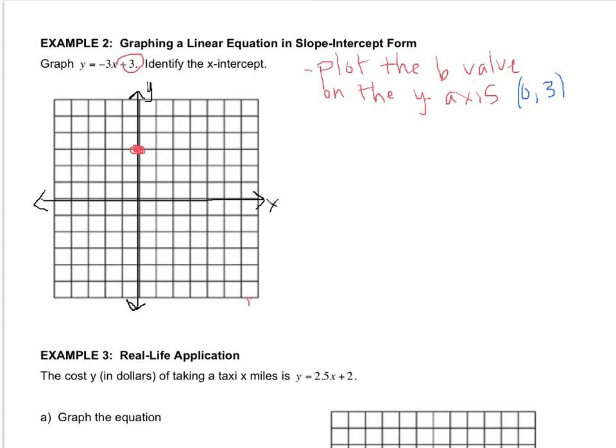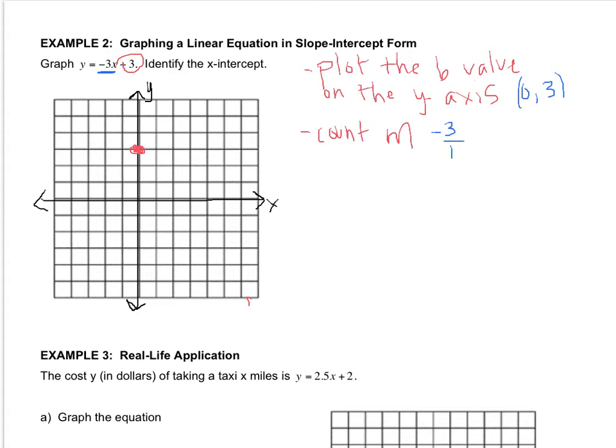The next step is to count m, which in this case is -3 over 1. And remember, m is the slope, so that's here, right in front of the x value.